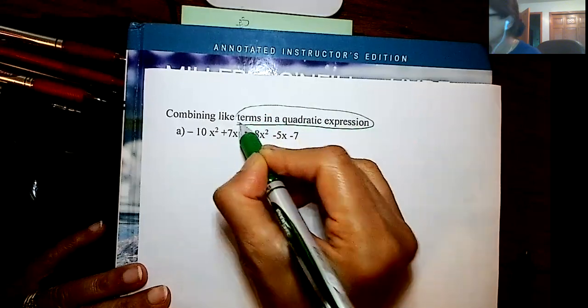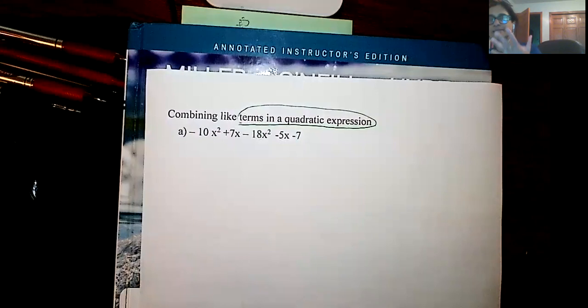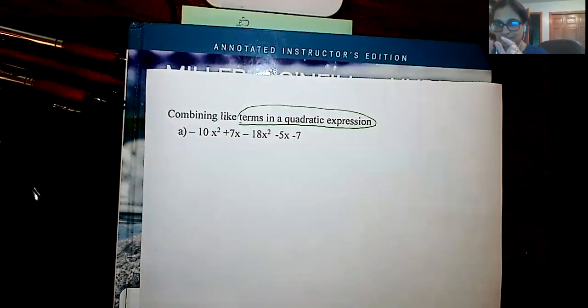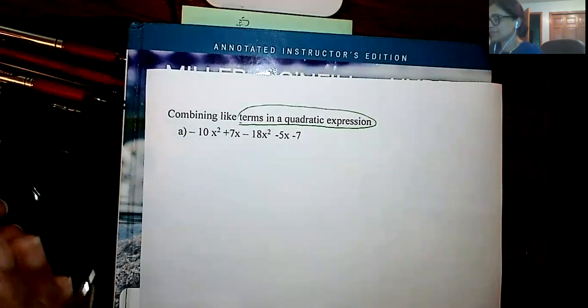The rules do not change. The process stays the same. That is, you combine terms that have the variable to the same power.